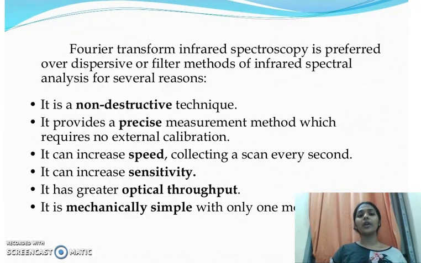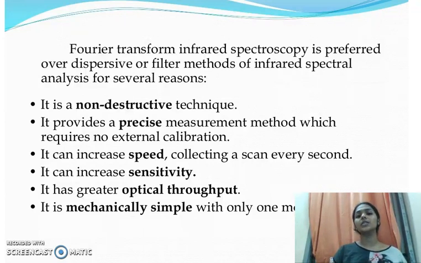Why is Fourier transform infrared spectroscopy preferred over other dispersive or filter methods of infrared spectral analysis? The main reason is that it is a non-destructive technique. For example, if you take XPS and similar methods, the sample will undergo some sort of destruction.